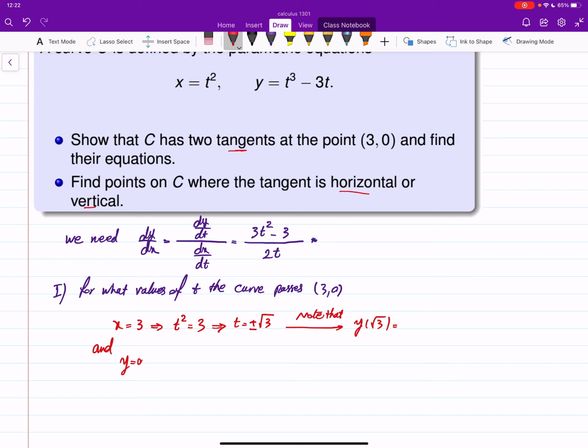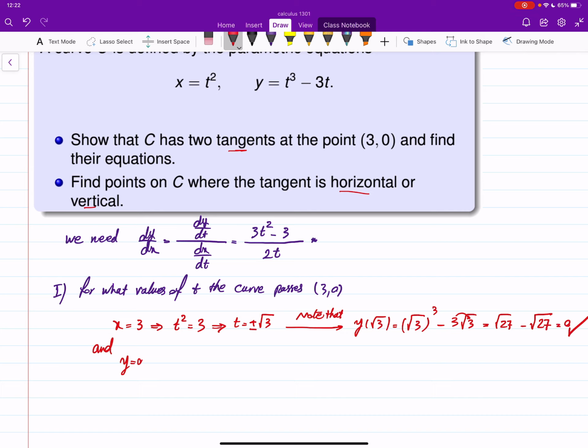Let's plug it in. So root 3 to the power 3 minus 3 times root 3. This is root 27 minus, well, I can take 3 inside the root, but you have to square it, so it will be root of 9 times 3, which is 27, and that will give me 0.